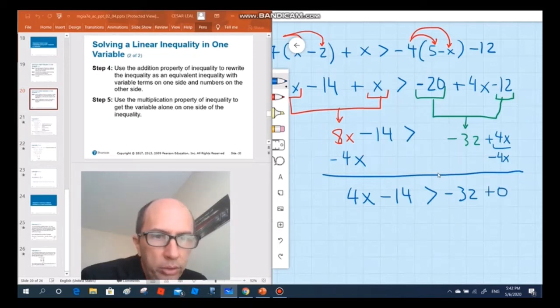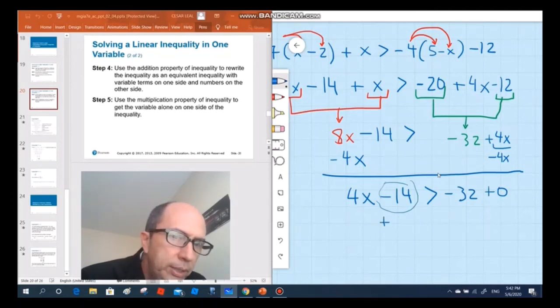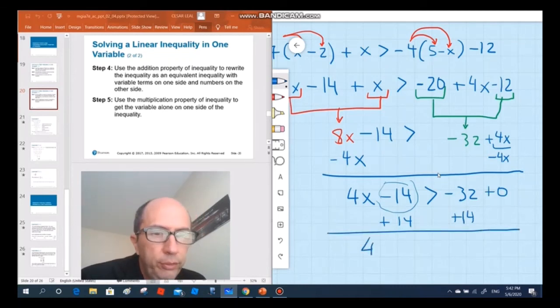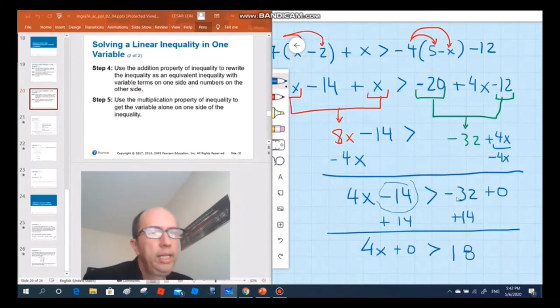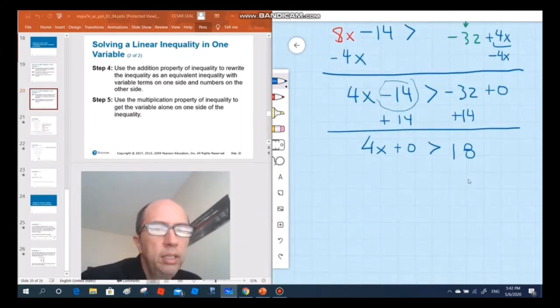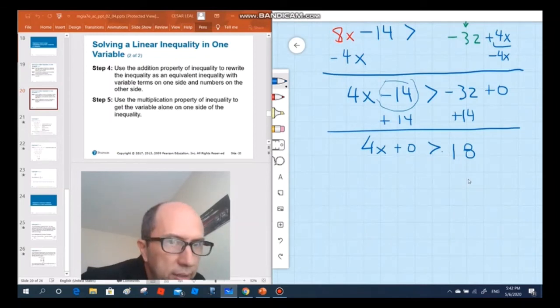And we need also to get rid of this, right? So plus 14 on both sides. 4x plus 0 greater than negative 32 plus 14 is going to be negative 18. Don't forget the sign, negative 18.